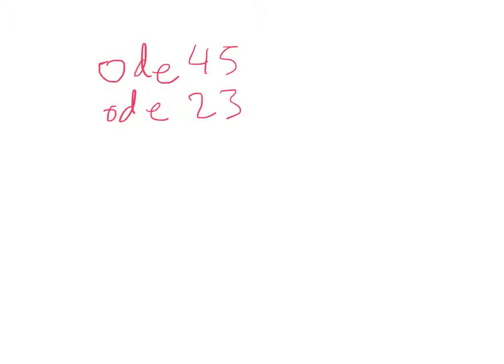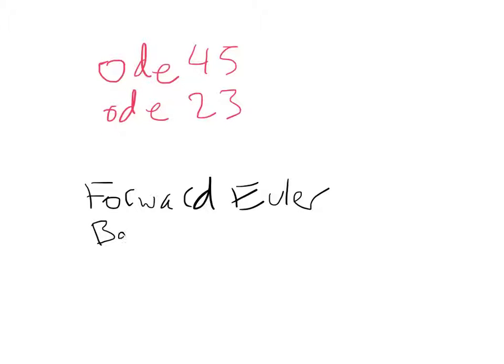For this video, I'm going to talk about the forward Euler's method, which is one method of solving these types of problems, the backward Euler's method, and then the trapezoid method. The first two are very straightforward.